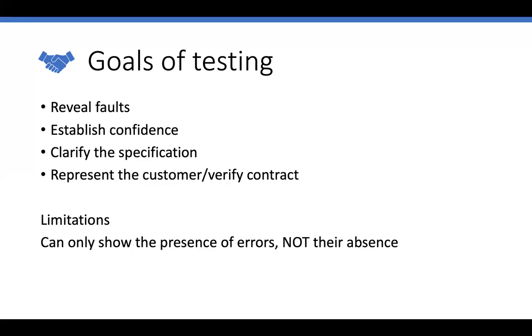Another target is to represent the customer, of course, the contract. This is very important, and it necessitates the testing. But the only major limitation is that it can only show the presence of errors, not their absence.